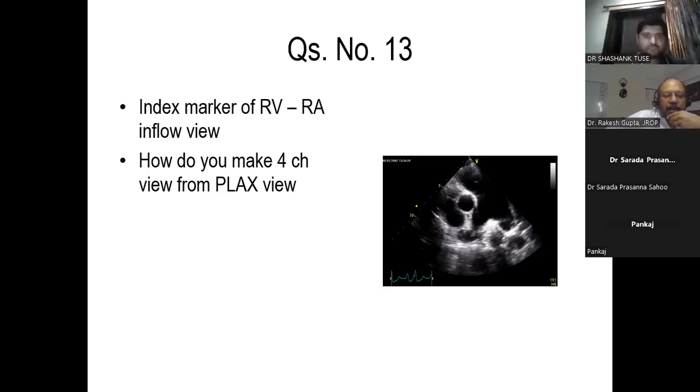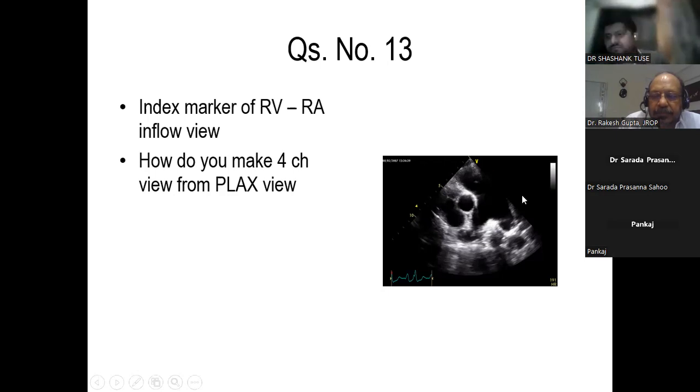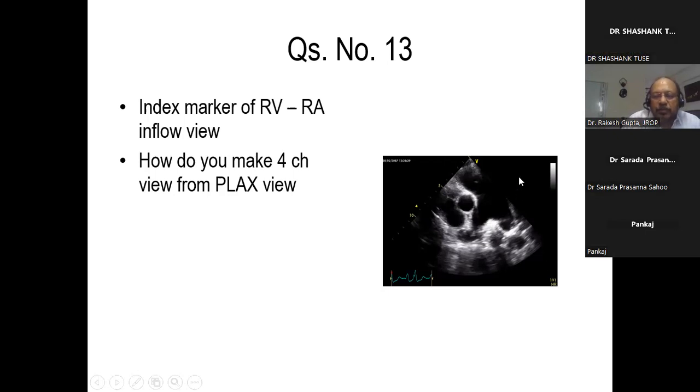Index marker for RVRA inflow view. All right, sir. How do you make this view? This is the short axis view around aorta. How do you make this view?